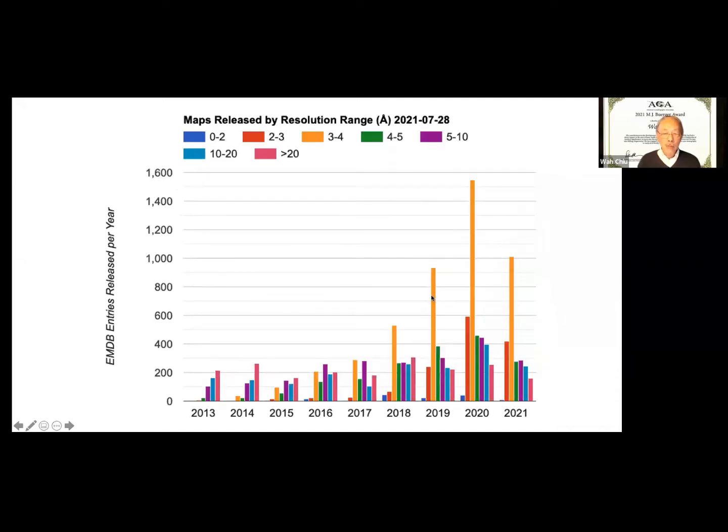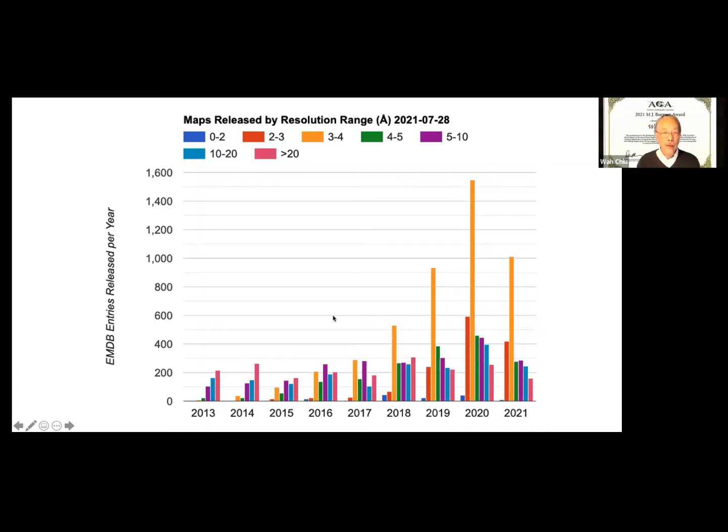Among all these structures, many have a resolution in this orange range between 3 and 4 angstroms, which turned out to be a really nice resolution that allows one to trace the entire backbone of a polypeptide. As you can see, in the last few years there has been an increasing rise of structures at 2 or 3 angstroms, and some at better than 2 angstroms.